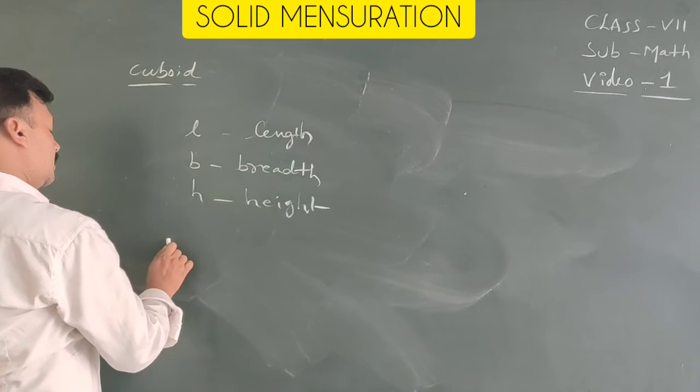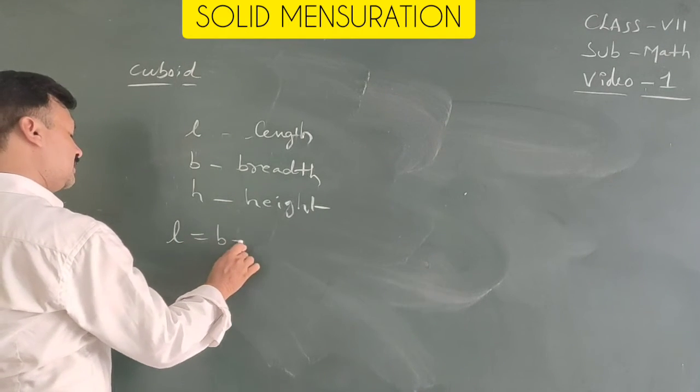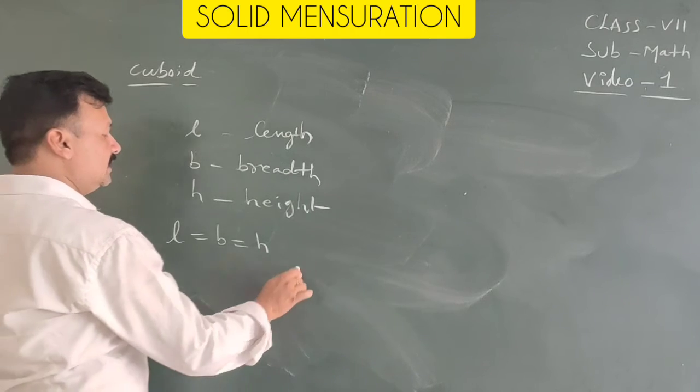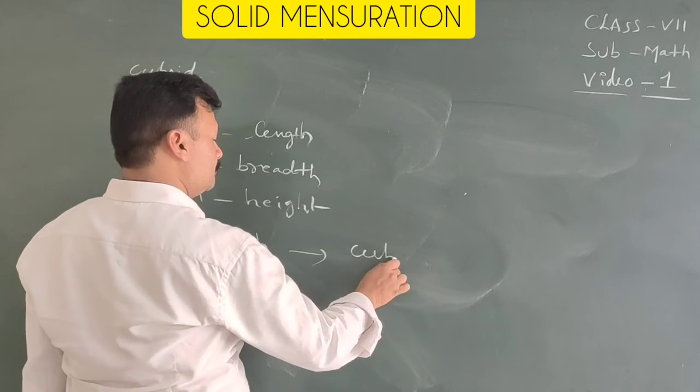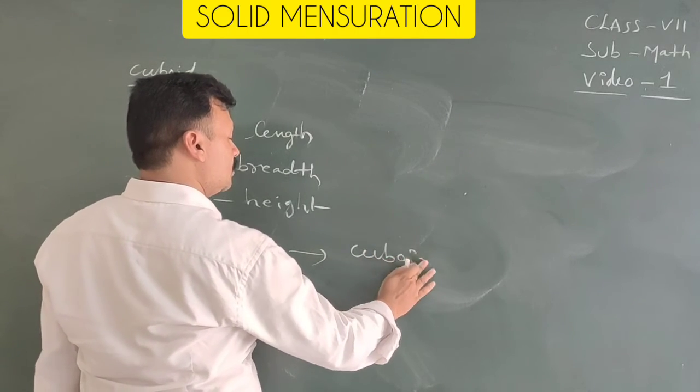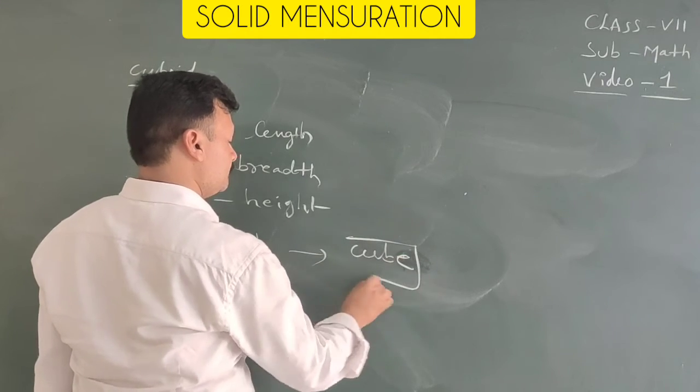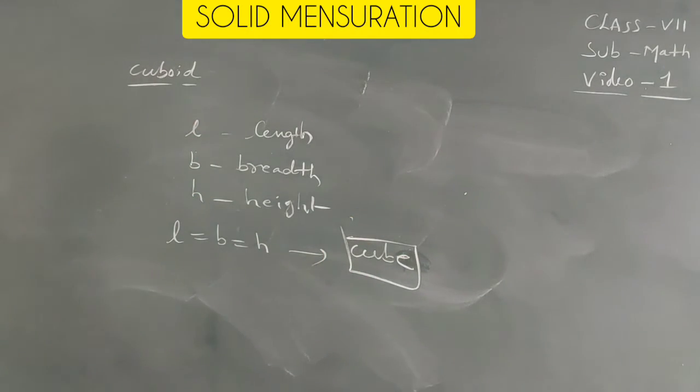If in a cuboid its length equals breadth equals height, then it is called a cube. In a cuboid, if its length, breadth, and height are equal, then it is treated as a cube.